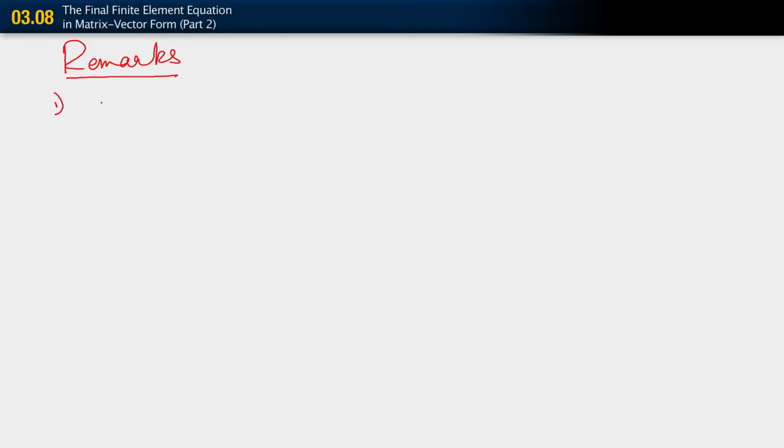The first remark I want to make is that the matrix K that you have in front of you or in your notes is symmetric, it's positive definite.